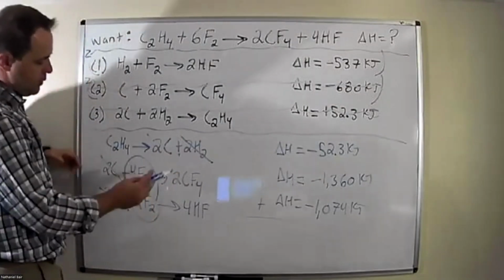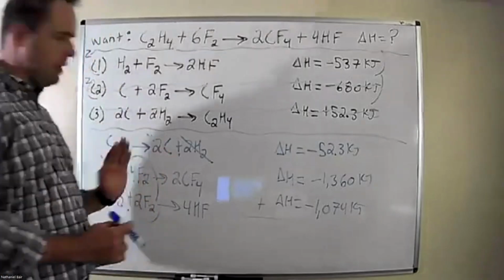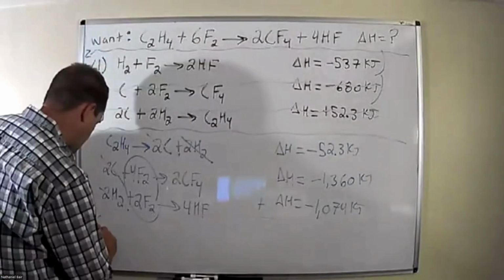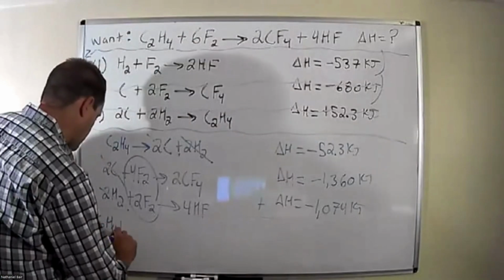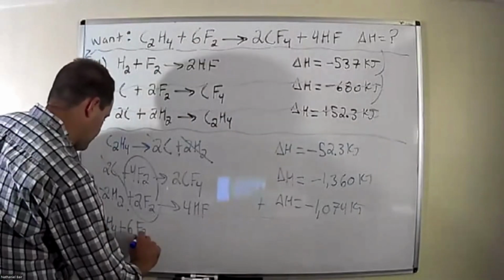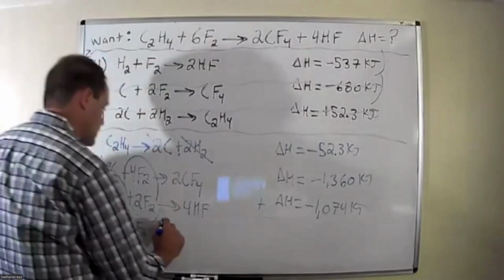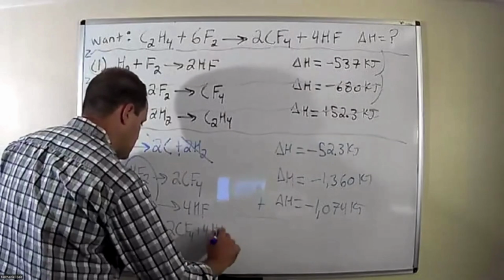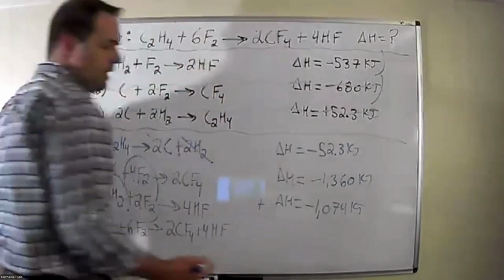And these F2s will combine because they're on the same side. So we're going to be left with C2H4 plus 6F2 goes to 2CF4 plus 4HF.